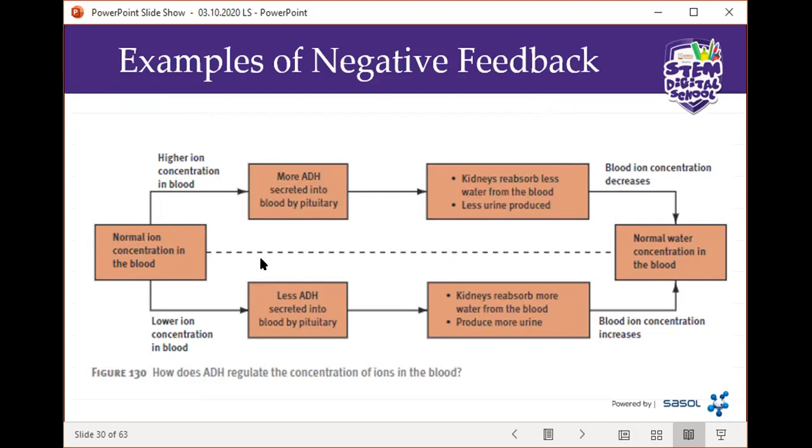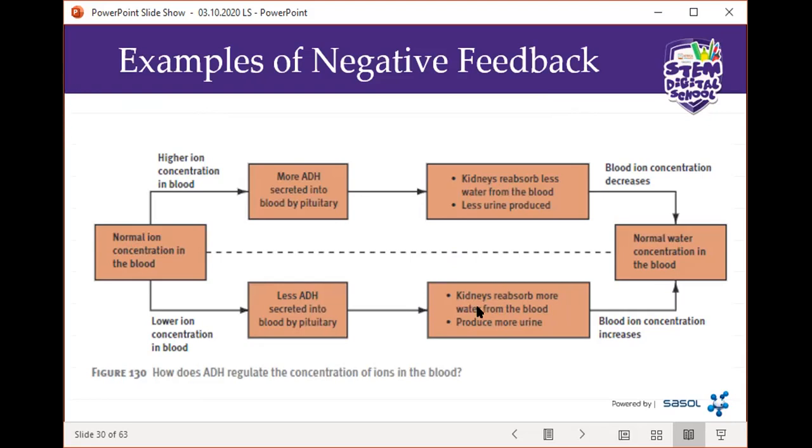Going back here, we have the normal ion concentration in the blood. Then let's say we have a lower ion concentration in the blood. Less antidiuretic hormone is secreted into the blood by the pituitary. Remember, ADH is only produced by the hypothalamus, but it is stored in the pituitary gland.